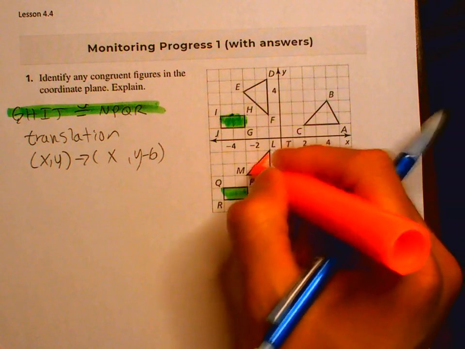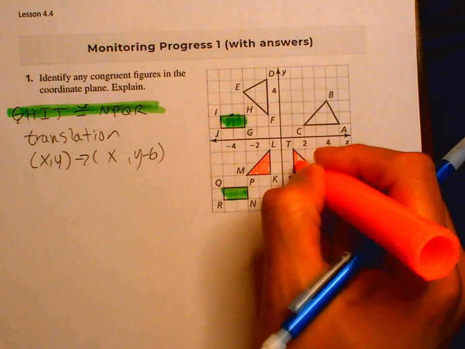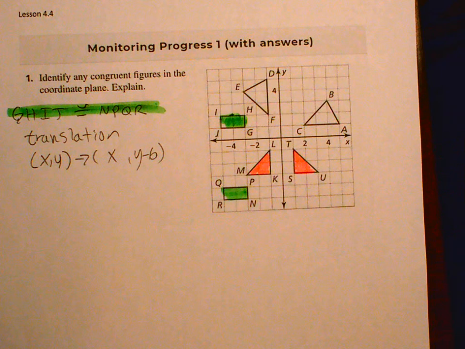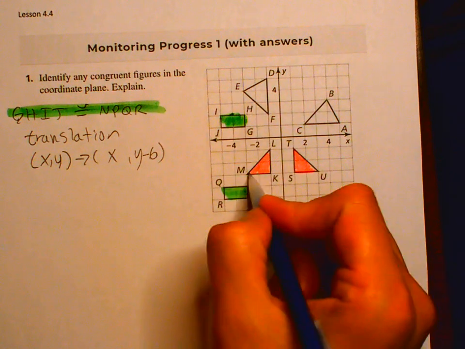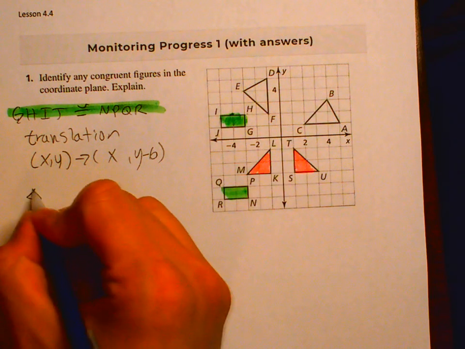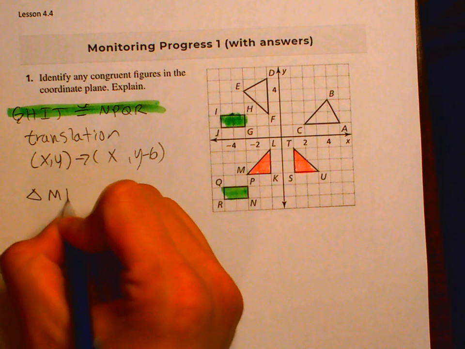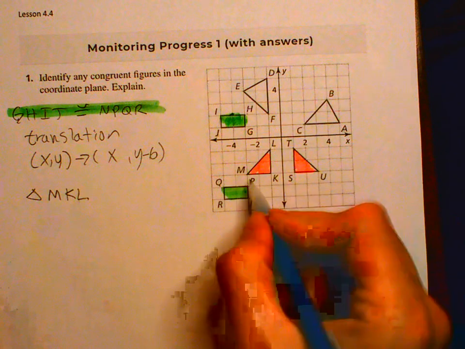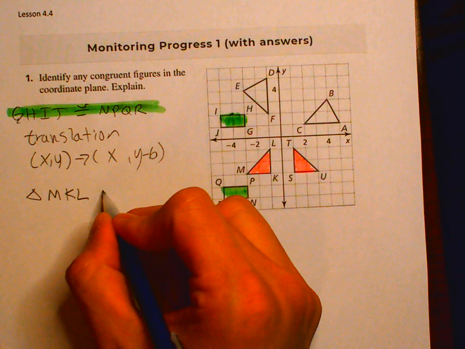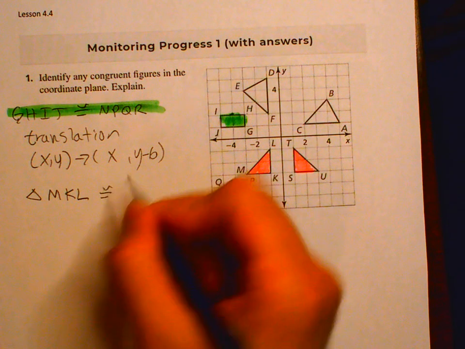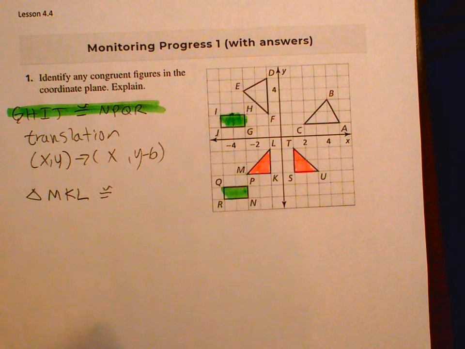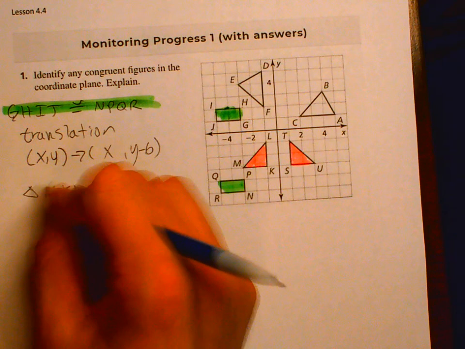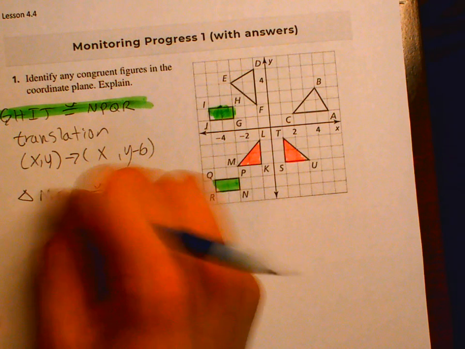They both are exactly the same size. Okay, so we have MKL. Okay, MKL and STU. Actually, I take it back. It's KLM. Gotta know your alphabet, man.